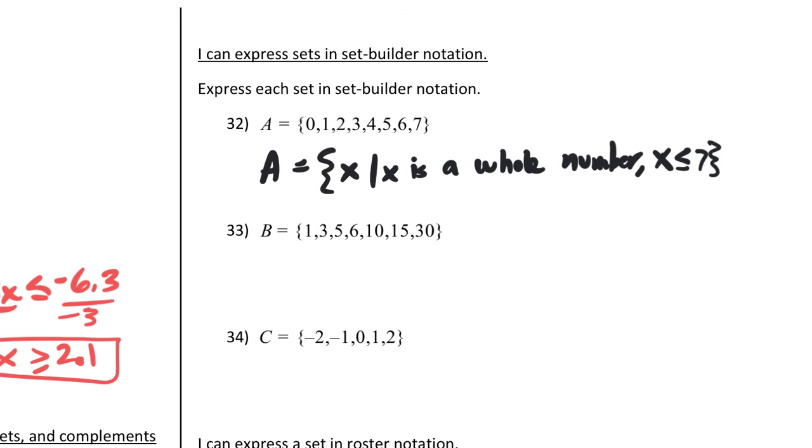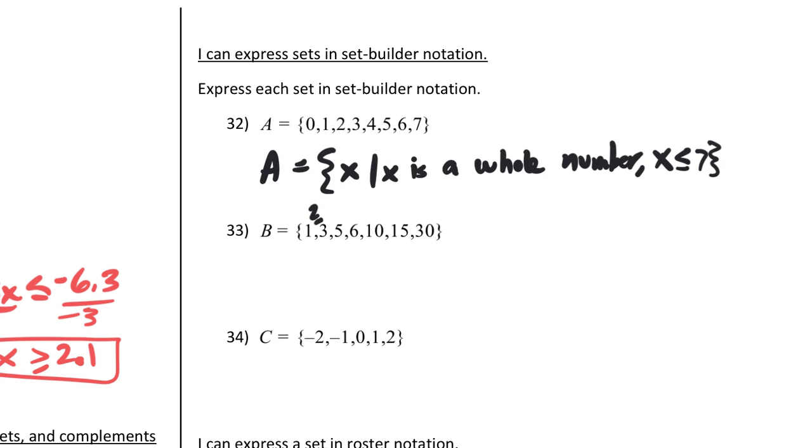For B, let's see, what do we got here? It looks like we have 1, 3, 5, 6, 10, 15, 30. And 1 times 30 is 30, 3 times 10 is 30. Oh, I realize there's something incomplete in this. Holy cow. Right here, I need to make sure that 2 is inside of this, because this is supposed to be the factors of 30. It's actually an incomplete list, because I should have put 2 in there, because 2 times 15 is 30, and 3 times 10 and 5 times 6.